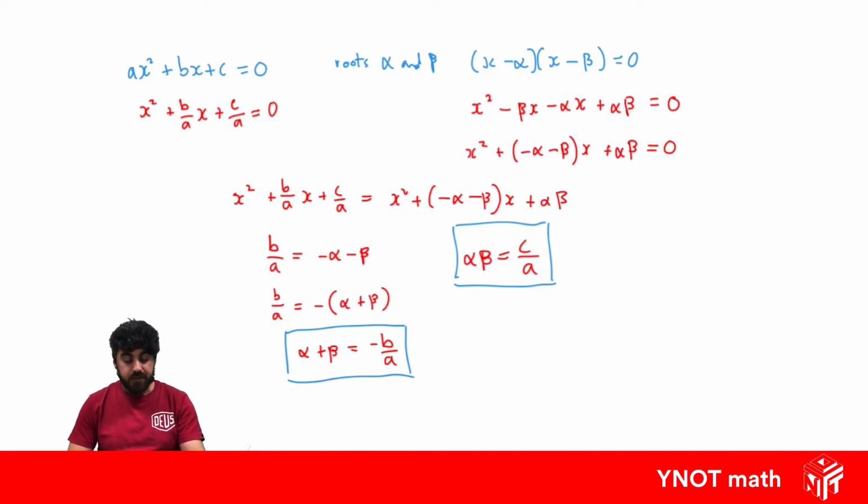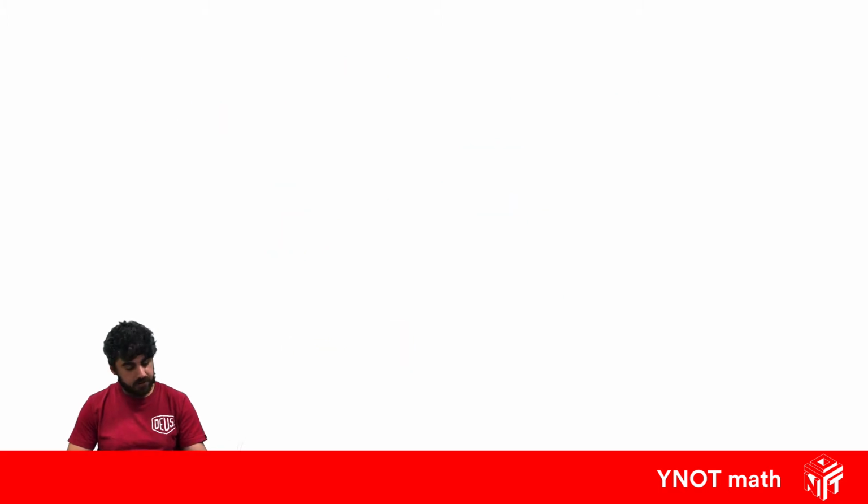And this is just for a quadratic equation, but we actually have some other results for cubic equations and quartic equations, and they're derived in a similar way, and I'm not going to go through them, but I'll show you what they are. So the ones for a cubic equation, so obviously for a cubic equation we're going to be looking at 3 roots.